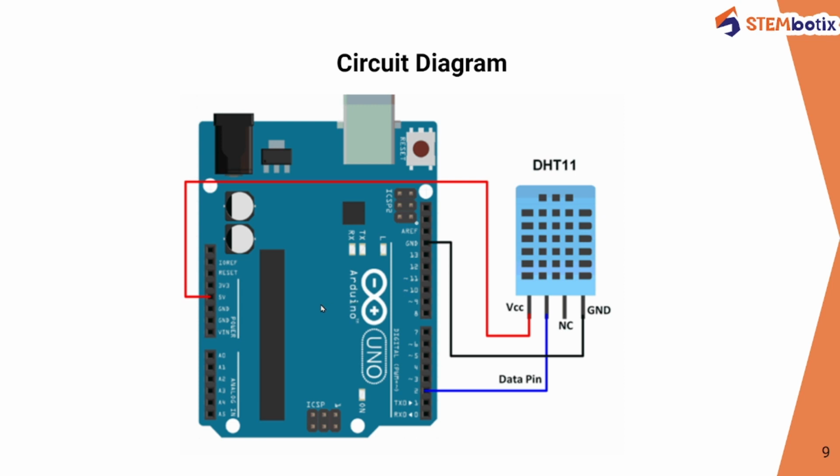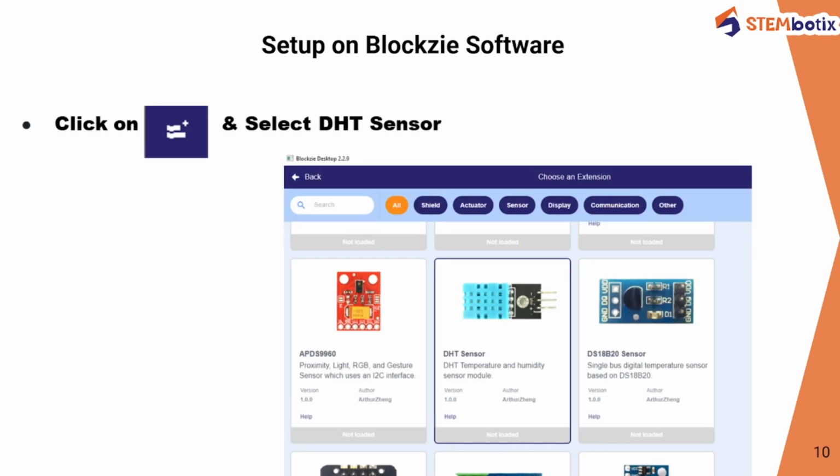After that, you just need to connect your microcontroller with your laptop or computer. So now we are going to see how one can set this up in Blockzie software.